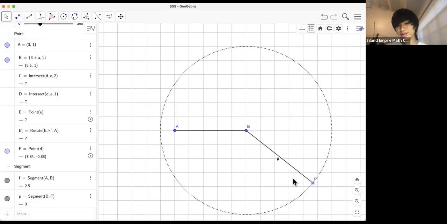It doesn't matter where we move F, it'll still have the same length. So this is a good way to see all of the possible places you can put it.